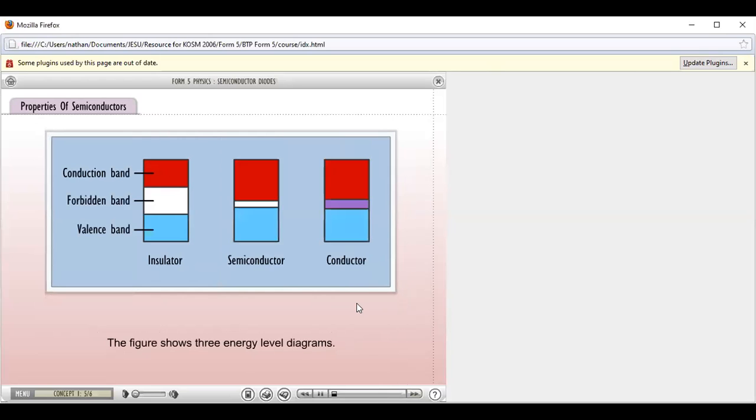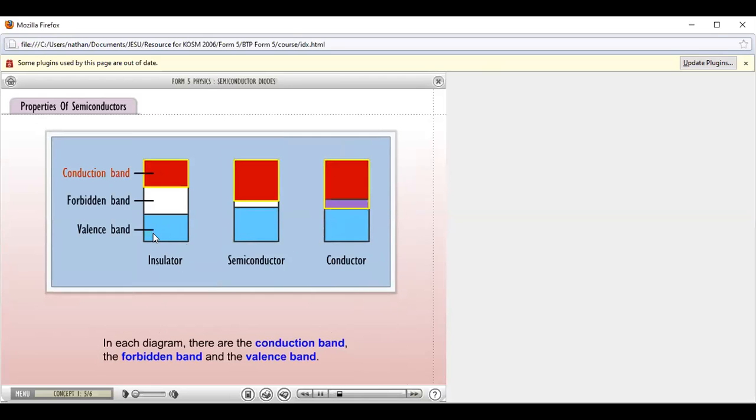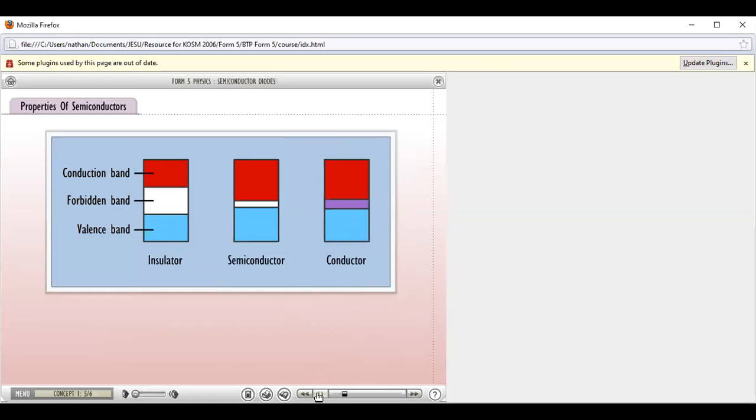Basically, you have the valence band, which means the electrons are involved in covalent bonding, and then the conduction band, where the electrons are able to move freely. Now if you look at a conductor, this is the valence band, this is the conduction band. The valence band and the conduction band overlap each other.